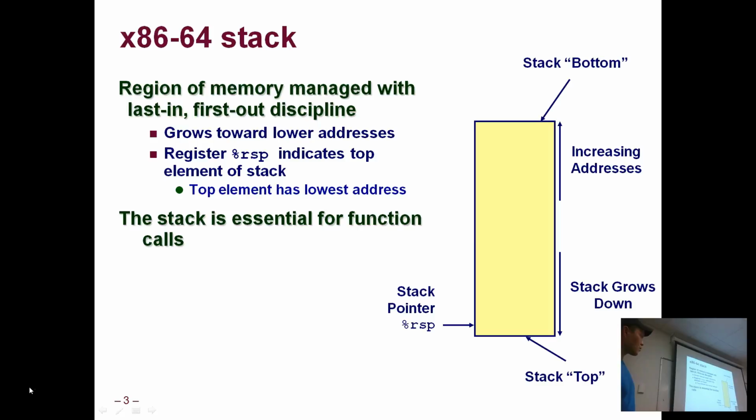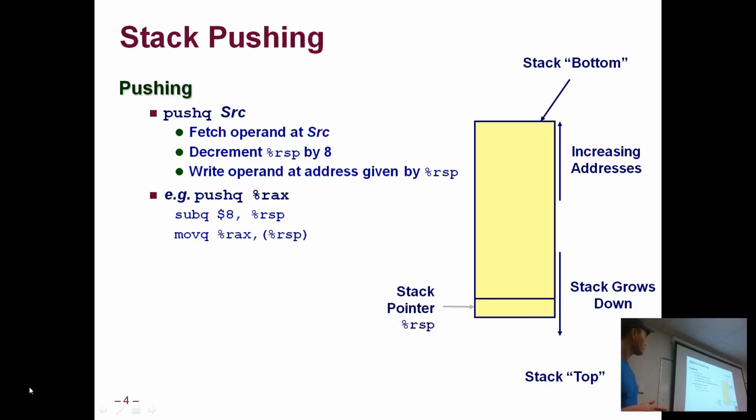There's a register, %RSP, that is always pointing to the top. As you put stuff onto the stack, you decrease RSP, and as you pop stuff off the stack, you increase RSP. So the top element has the lowest address. This is essential for function calls.